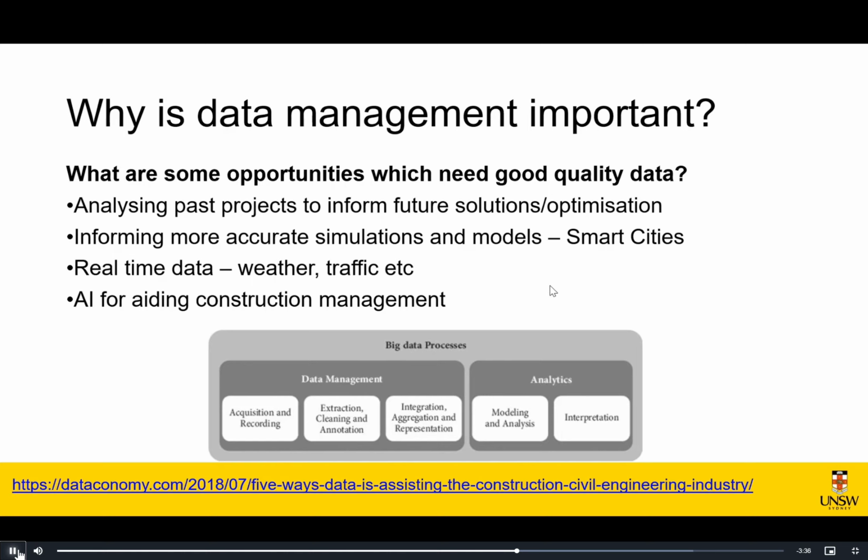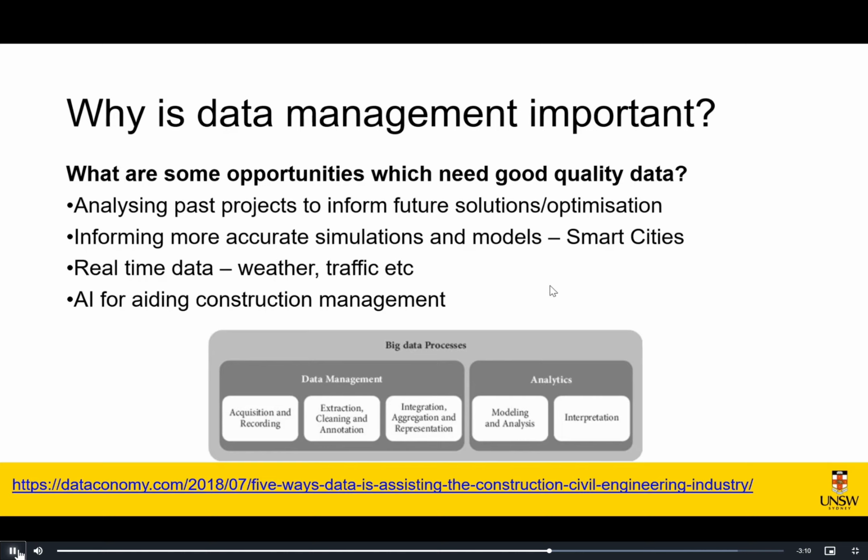And also there's a whole range of new potential aspects relating to artificial intelligence. And so there's a whole interesting area of how these can be used to aid construction management. However, in order to really utilize these opportunities, you need to make sure that the data sets that you're using to train your AI are accurate and representative of the real world.